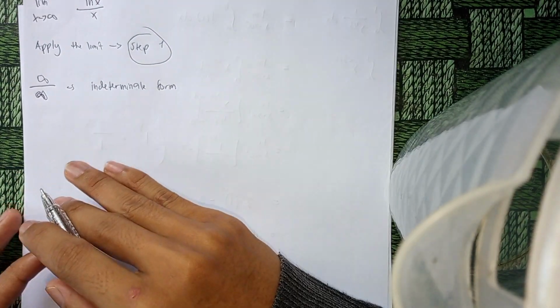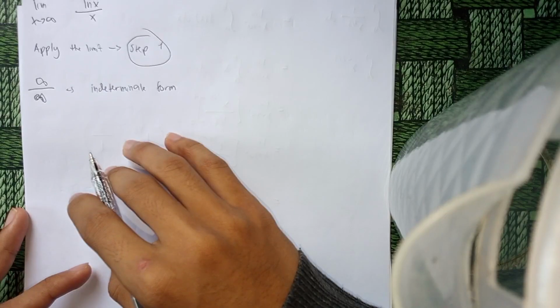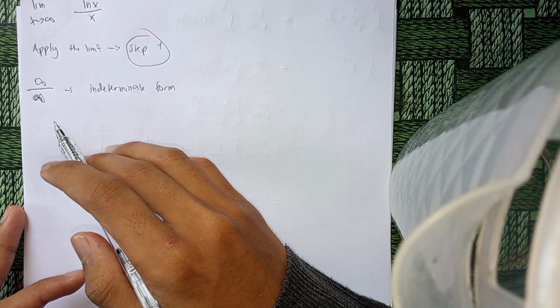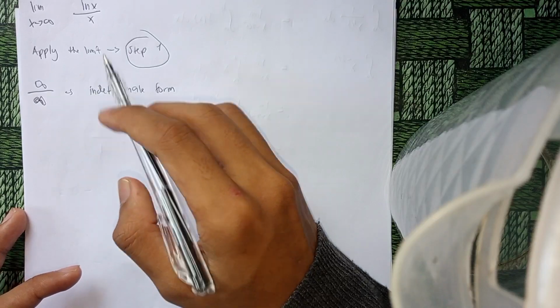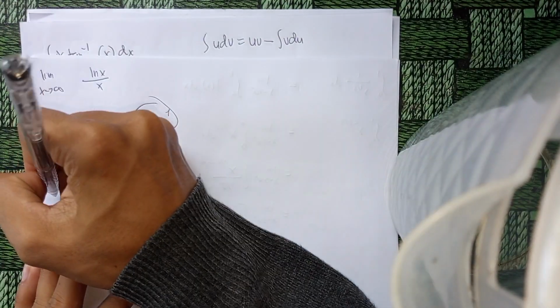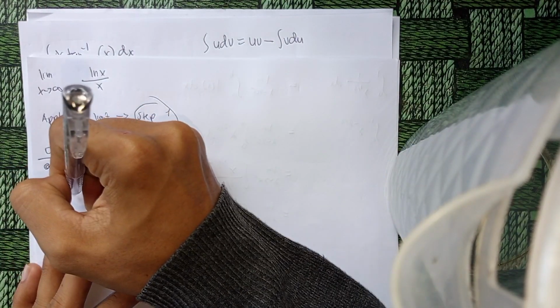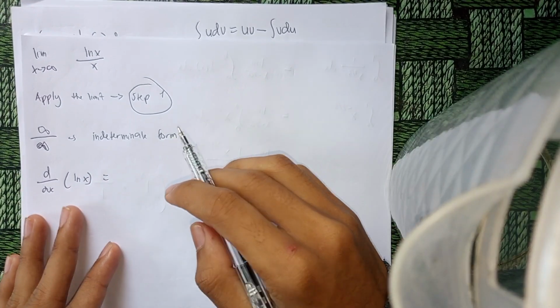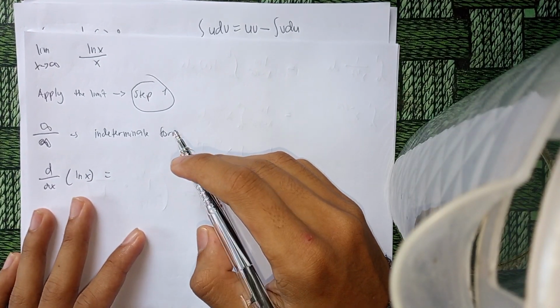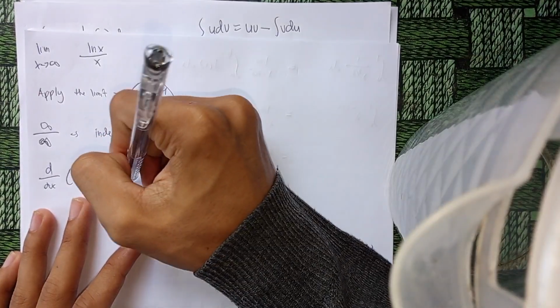But how? In using L'Hopital's rule, we just need to find the derivatives of the numerator and the denominator. So d over dx of ln x: the derivative of ln x is 1 over x.